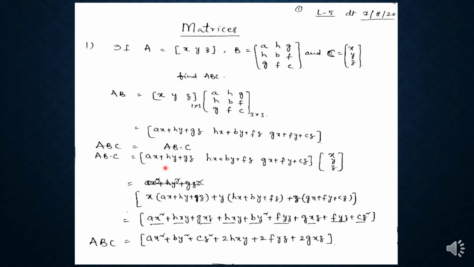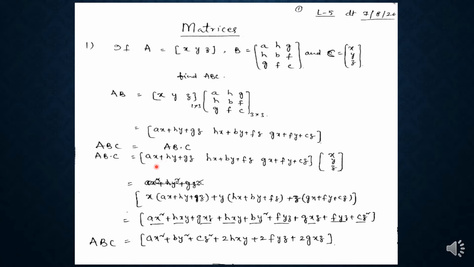The order of the AB matrix is 1 by 3 and this is 3 by 1. So the number of columns in the first matrix is 3 and the number of rows in the second matrix is 3. These two are equal, so the multiplication of these two matrices is possible.